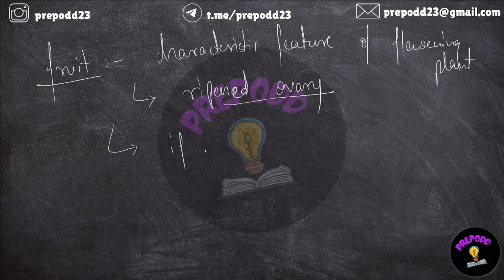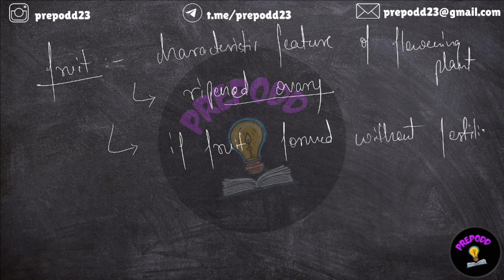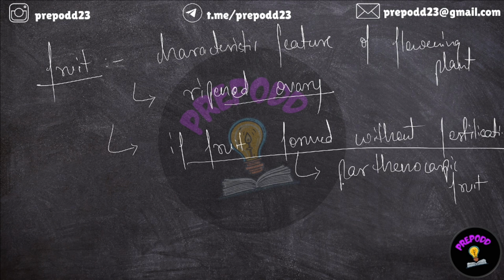If a fruit is formed without fertilization, that is without pollination, then it is termed a parthenocarpic fruit. So basically this is about the fruit.